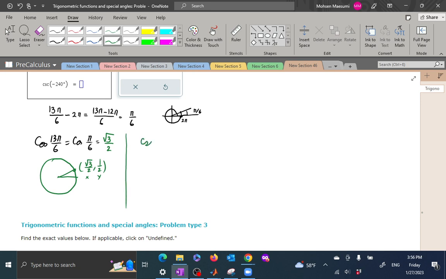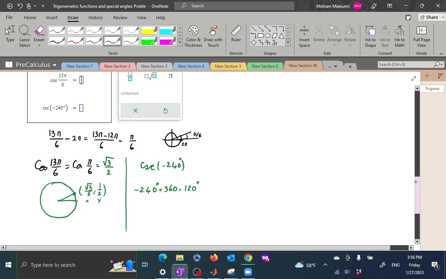How about cosecant of minus 240? Well, here, to make it more comfortable, minus 240 degrees, if it's negative, add 360s to it until you get some angle between 0 and 360.